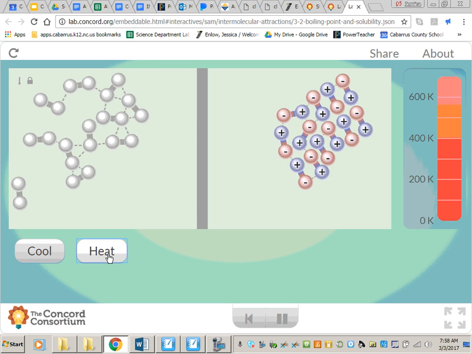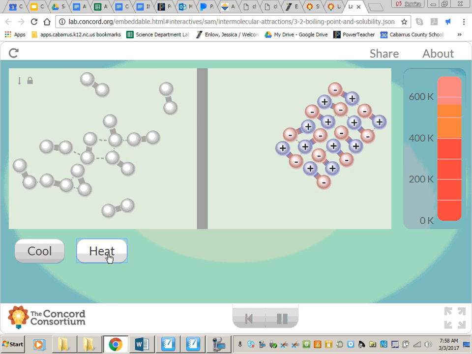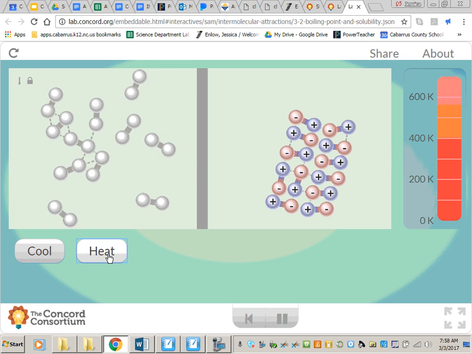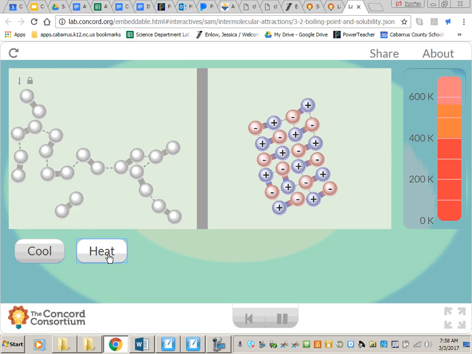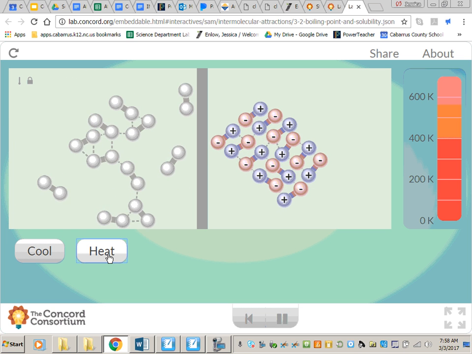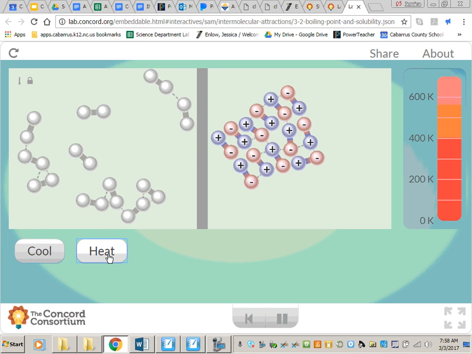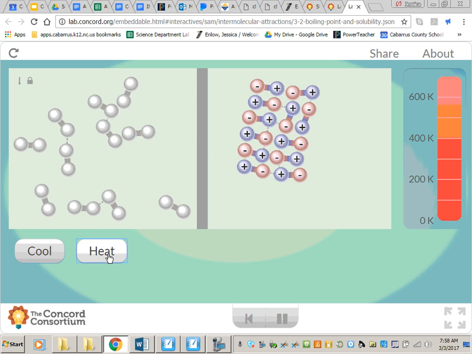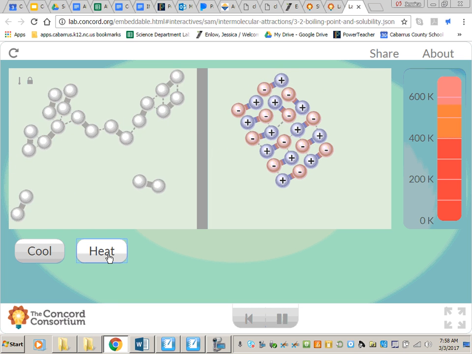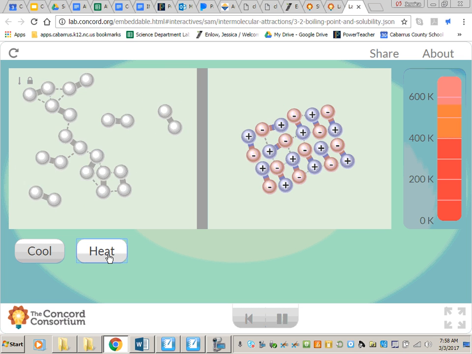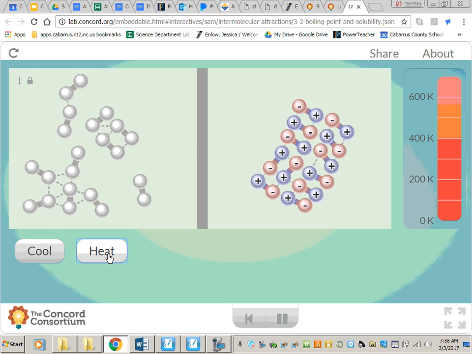So if I'm heating these up, I mean, I heated it up to 600 Kelvin. What might I have to heat this up to make them overcome their attractions? More than that, right? 800, 1,000, 2,000 Kelvin, something really high. So which of these would have a higher boiling point? The polar ones, right? Okay, so what's the extreme of a polar substance?